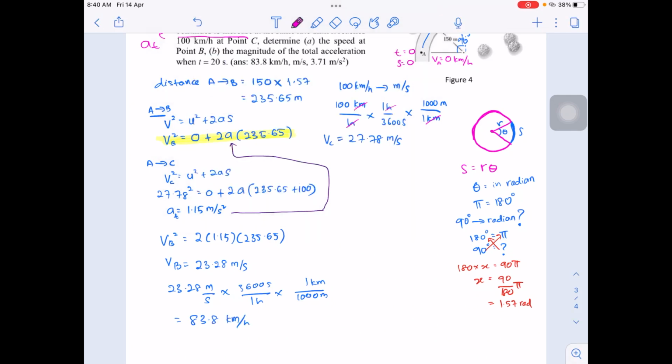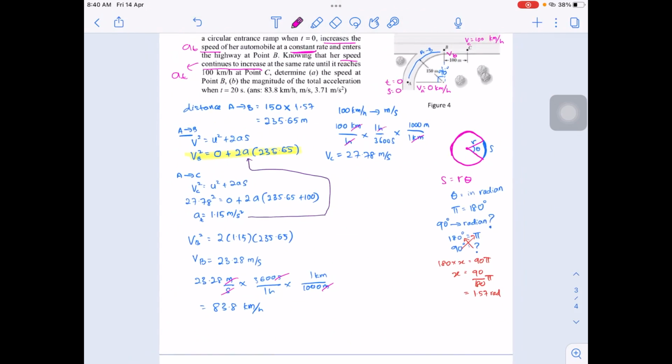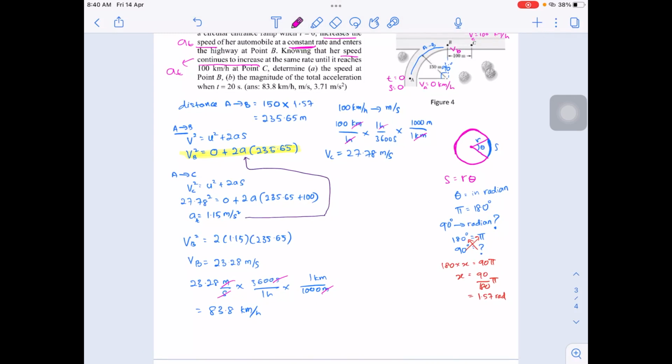Make sure you can cancel out, so you left with kilometer per hour. That one is the speed at point B, VB.